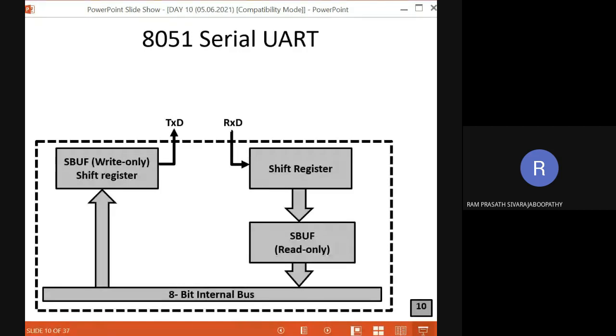Coming to the reception part, which type of shift register do we have to use? On seeing the image, you can tell. It has a single input pin, but an 8-bit bus output from the shift register.